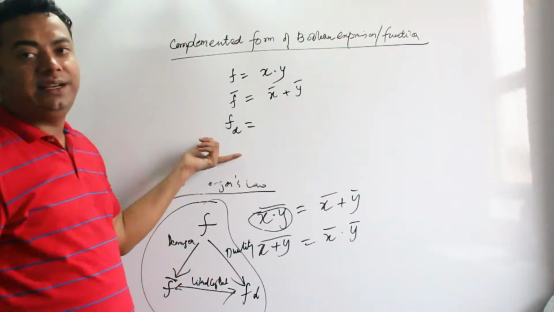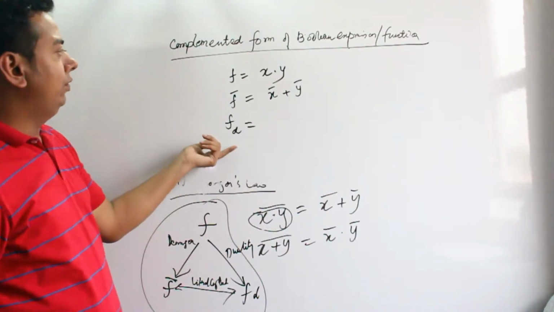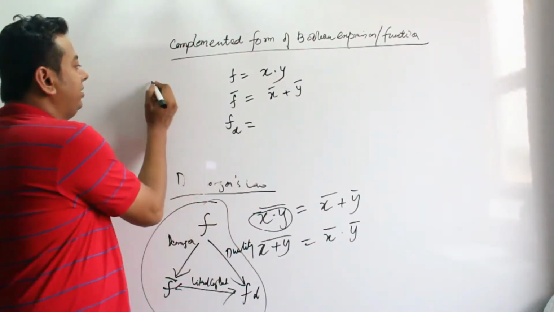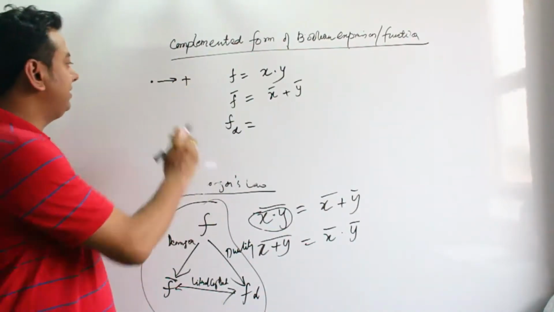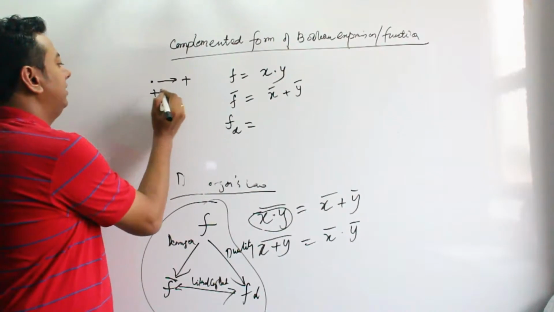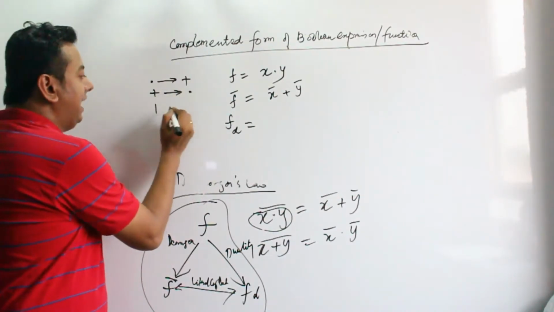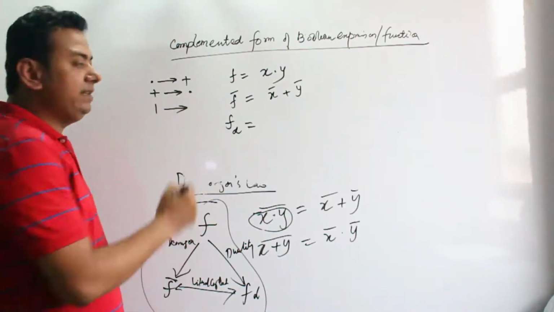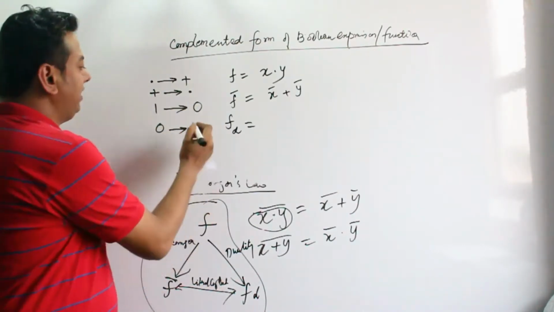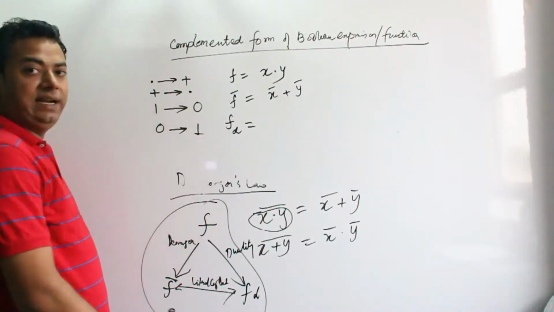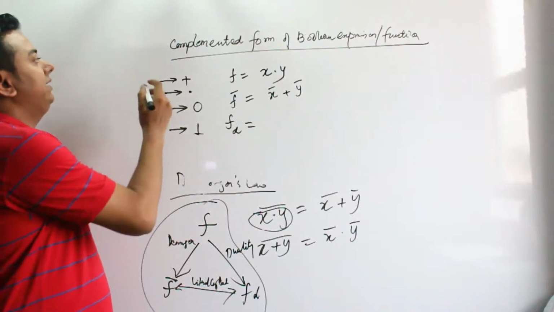If you remember, in duality we only exchange dot with plus, that is, AND with OR and OR with AND. If there is a constant 1, we put 0, and if there is a constant 0, we put 1.